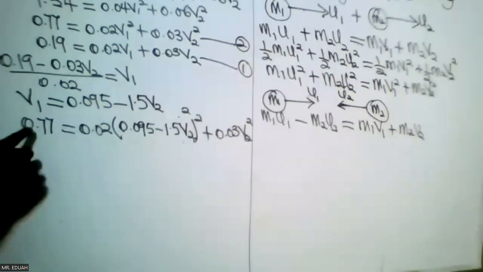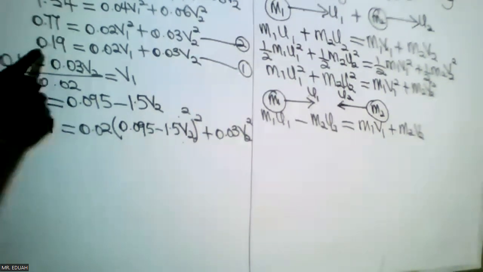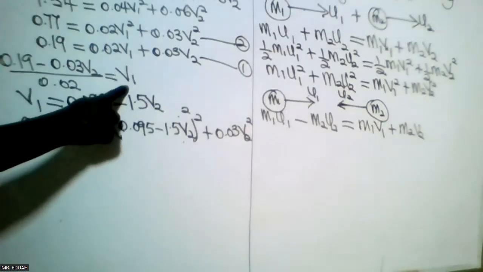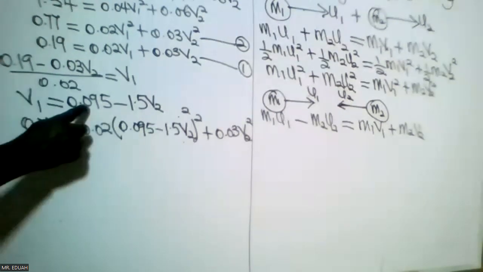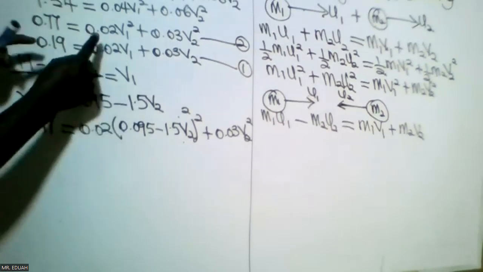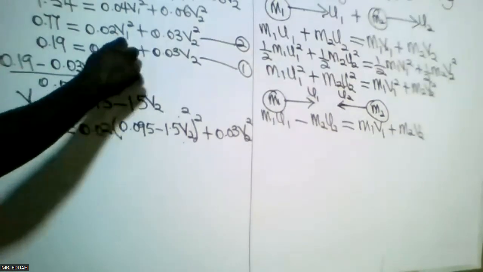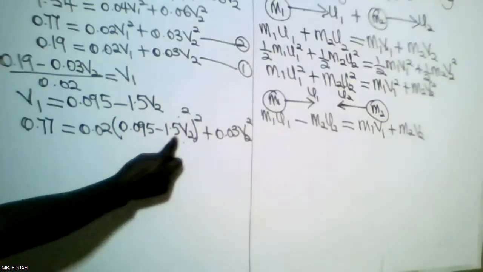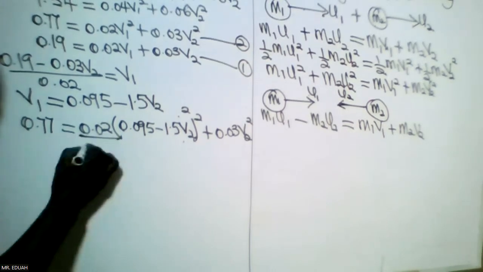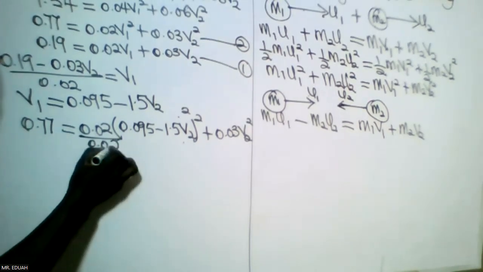0.19 divided by 0.02 is 9.5. So we are dividing. Listen, we earlier substituted V1, and V1, we broke it down and we got 0.095. So we have substituted V1 into this equation. Now, because this is multiplying, we can reduce the value by dividing each part by 0.02.